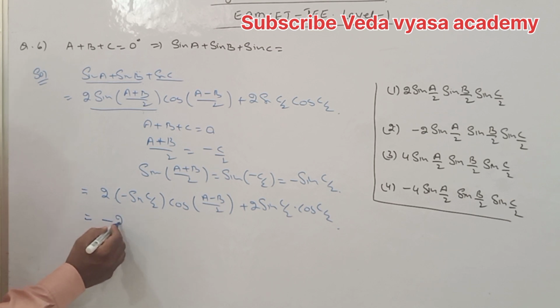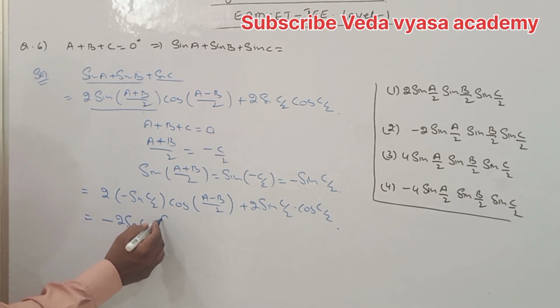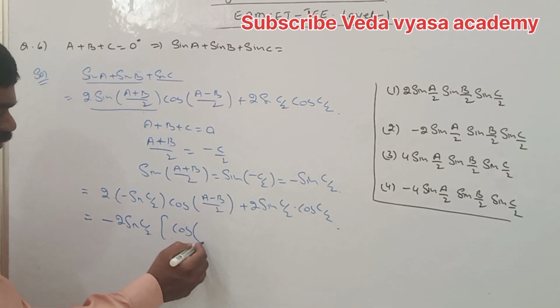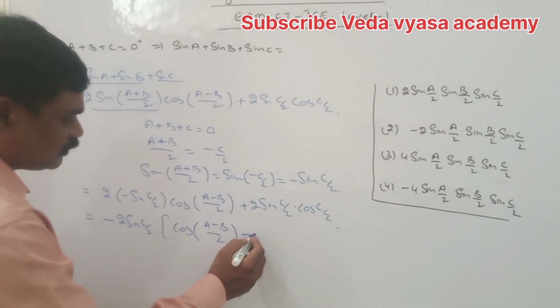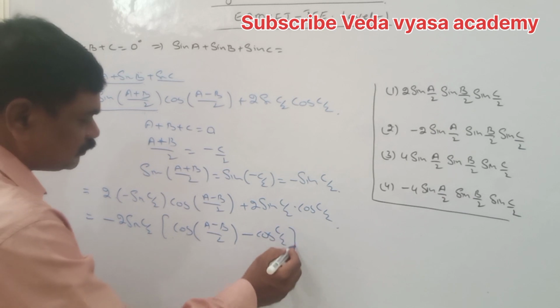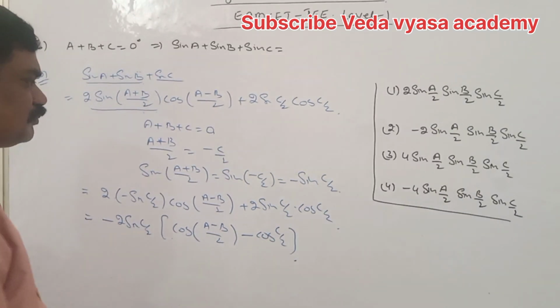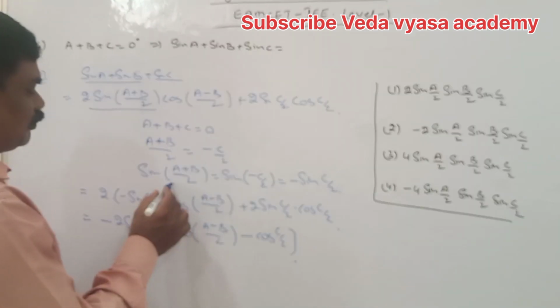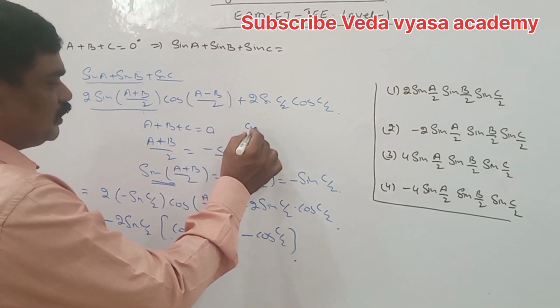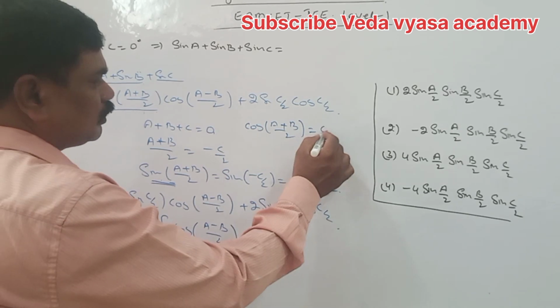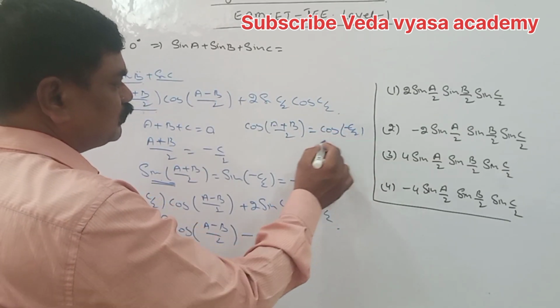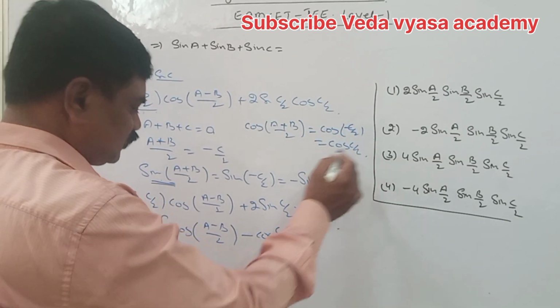Taking minus 2 sin C by 2 as common, we get cos of (A minus B) by 2 minus cos C by 2. Here you observe that cos of (A plus B) by 2 is equal to cos of minus C by 2, which is cos C by 2.